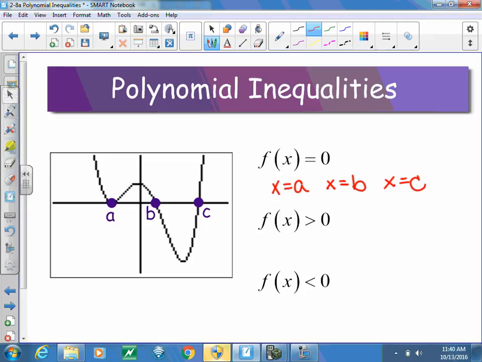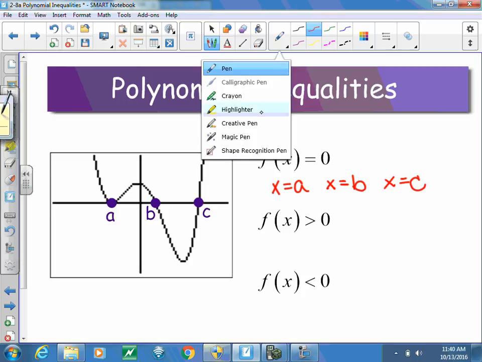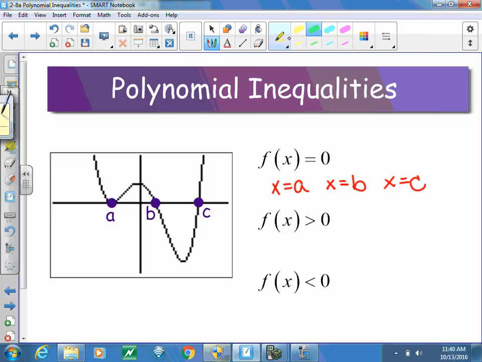Now, what if I wanted to talk about when your function is greater than 0? My function is going to be greater than 0 when we are above the x-axis. Here I have a portion of my graph that is above the x-axis. From a to b, I'm above the x-axis, and from point c, I'm above the x-axis.